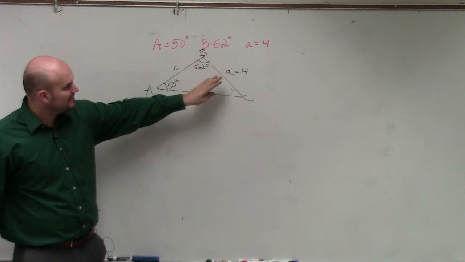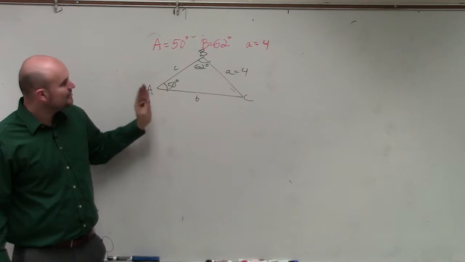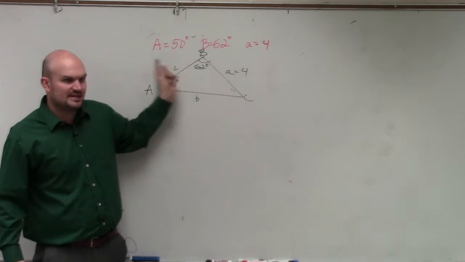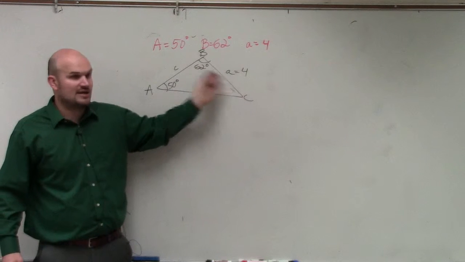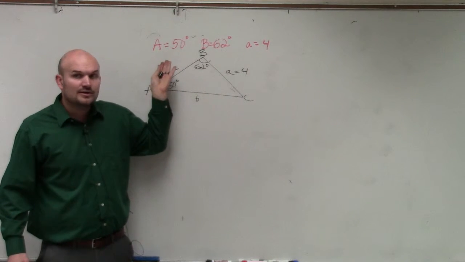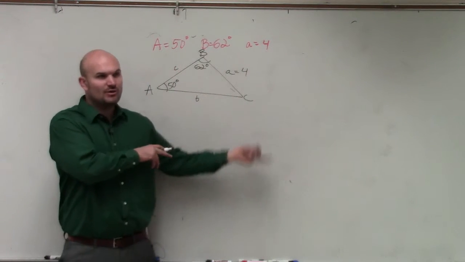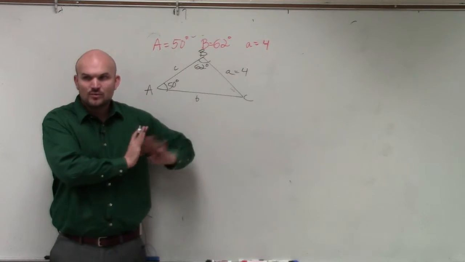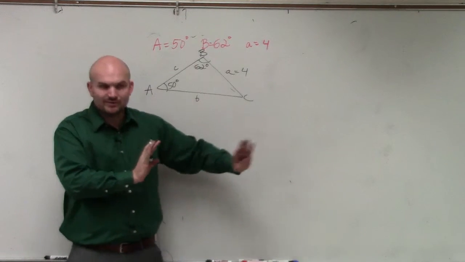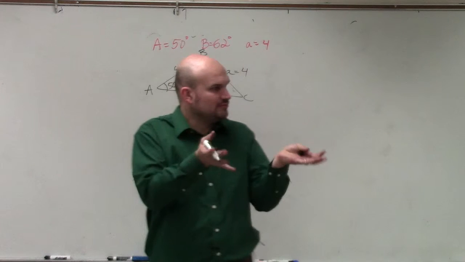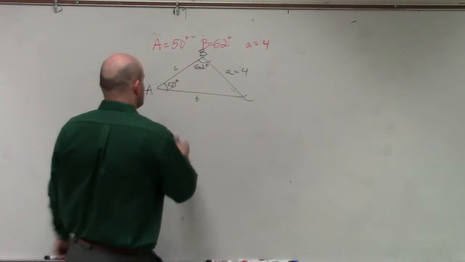To complete this problem, do we have any values for angle C or side c? No. So that ratio of c over sine of C, we're just not going to worry about it. We don't need it. We only need one ratio equal to another ratio to have a proportion to solve.